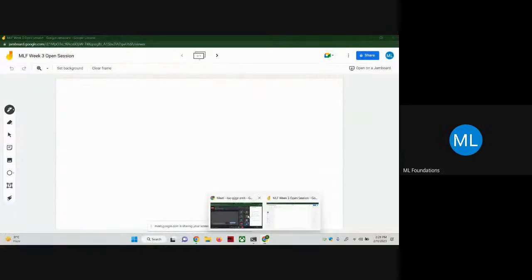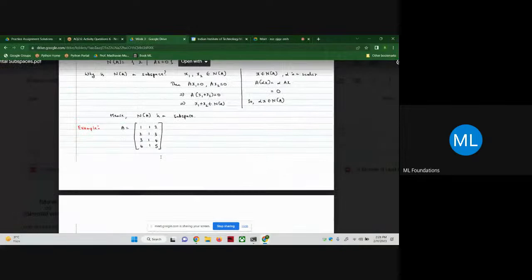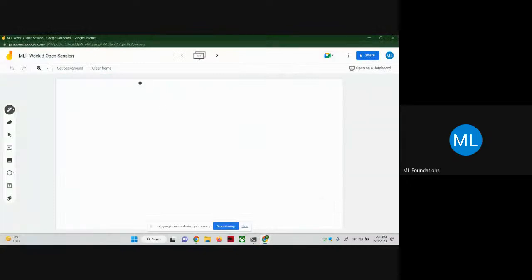So here we have this example. The matrix A has rows 1, 1, 2; 3, 4, 1; 1, 1, 1; and then 2, 3, 4, 5, right?